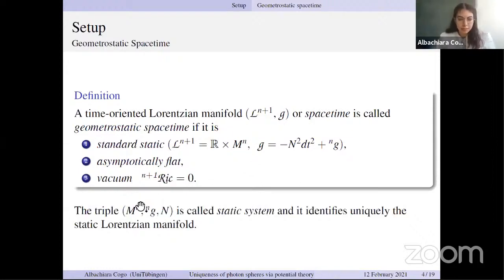And clearly the triple given by the Riemannian manifold and the lapse function, which is called static system, uniquely identifies this spacetime. And I'm going to use the static Einstein equation then, which actually corresponds to the Einstein equation, but written only in terms of this Riemannian manifold and this lapse function.